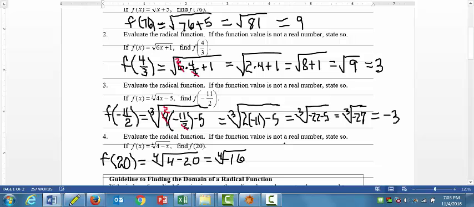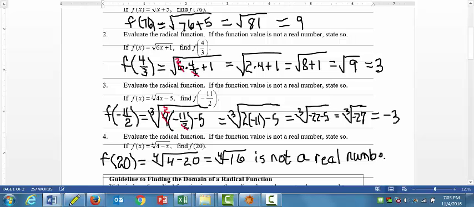And I'm told if the value is not a real number, state so. So this is not a real number. There is no real number that, when raised to the even power of 4, will give me negative 16.